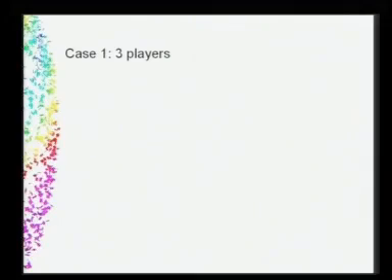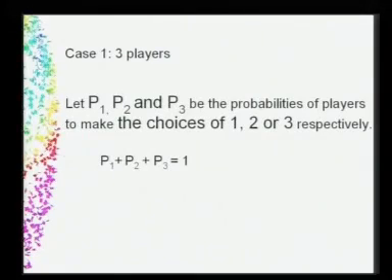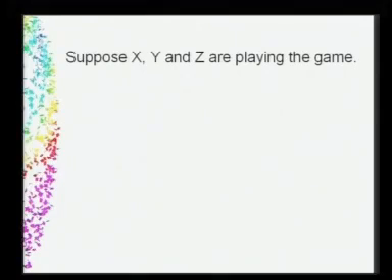First, we study the case of 3 players. We let P1, P2, P3 be the probabilities of players to make the choices of 1, 2, or 3 respectively. So P1 plus P2 plus P3 equals 1. Suppose X, Y, and Z are playing the game.